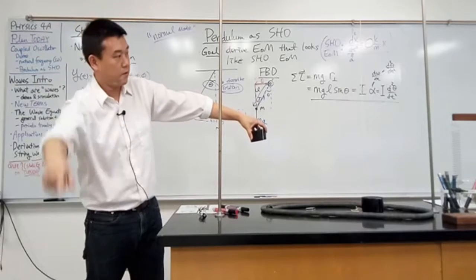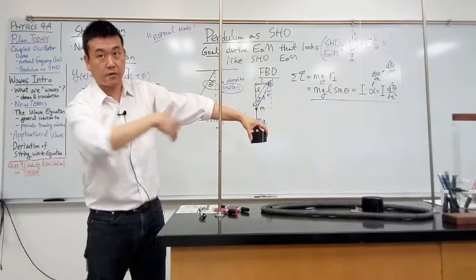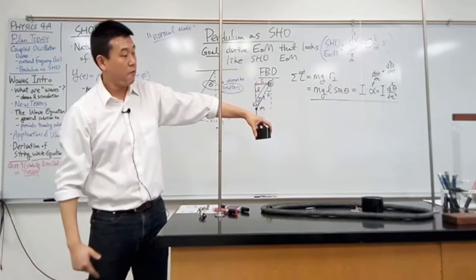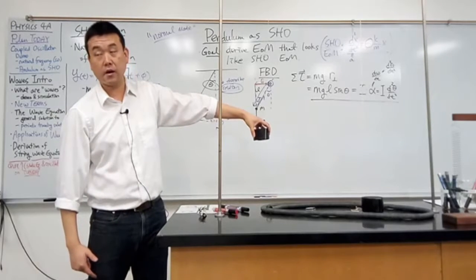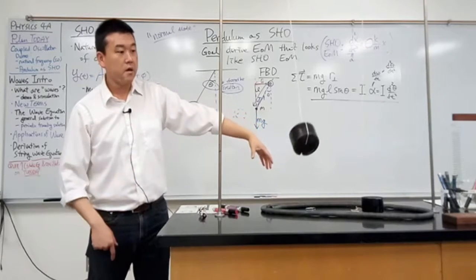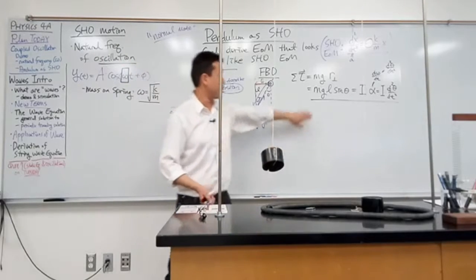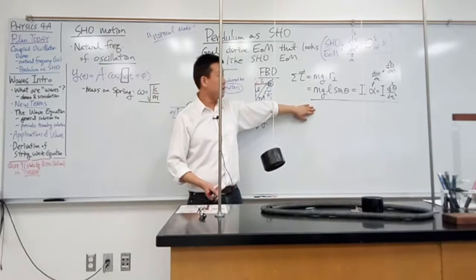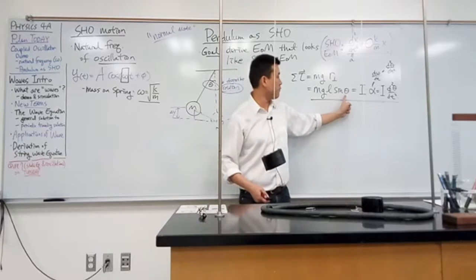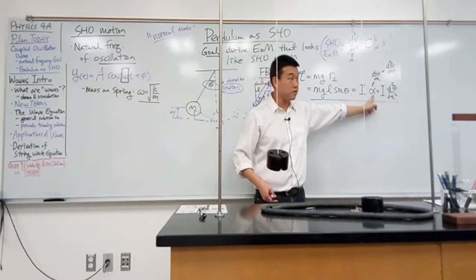Yeah, clockwise. So that's my angular displacement, a clockwise angular displacement. When I let go, what's the direction of angular acceleration? Counterclockwise. So I did not account for the fact that the direction of my theta is actually opposed to the direction of angular acceleration.